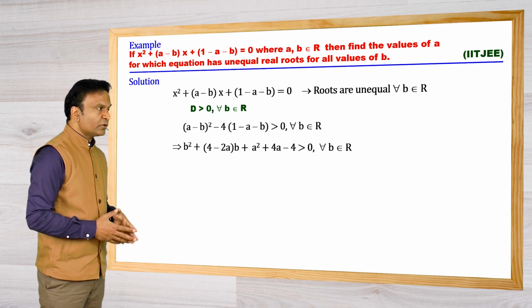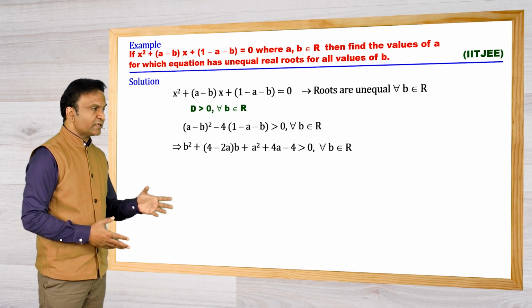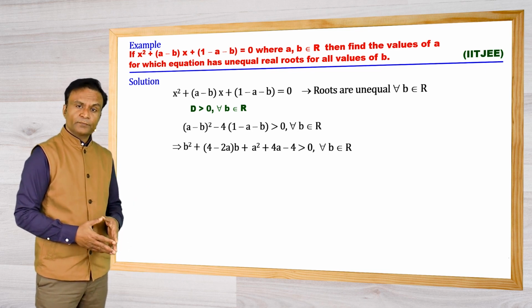We must have the coefficient of b square positive. Here it is 1 which is positive. So this condition is already fulfilled.